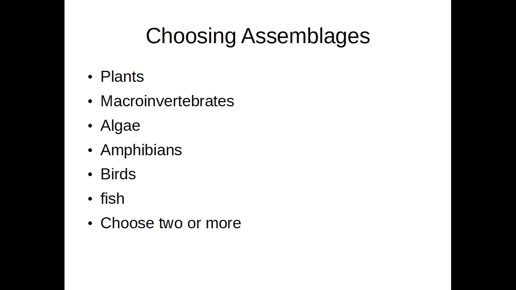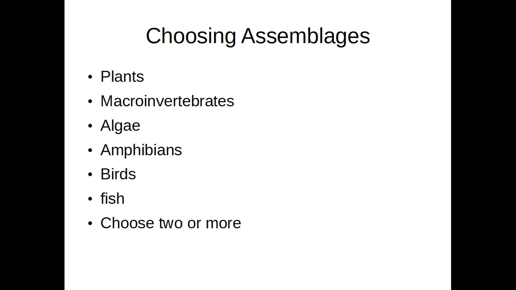Plants and macroinvertebrates are the most commonly used. Vegetation is a convenient assemblage because it occurs in most wetland types. Macroinvertebrates have been widely used in stream bioassessments and show a lot of promise for wetlands. Algae have been used to a limited degree, but offer an inexpensive and effective alternative for some wetland types.